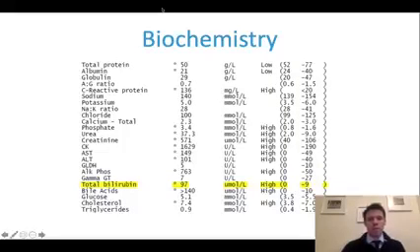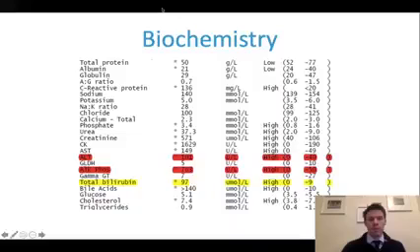As I said, bilirubin was high, and actually in this case it looks like the cholestatic enzyme activity is disproportionately increased compared to the hepatocellular, and that might make you think, well, is that going to be more of a post-hepatic problem? But as you can see, it's not as specific a finding.